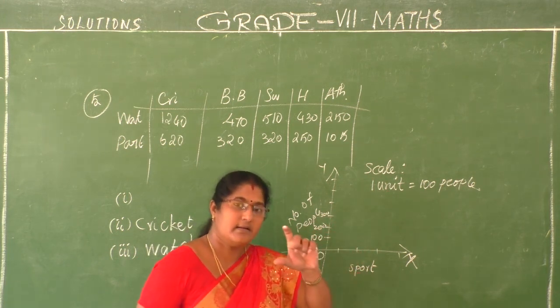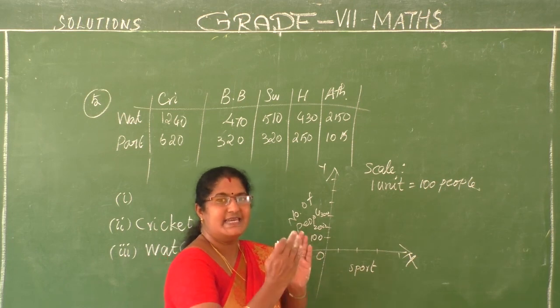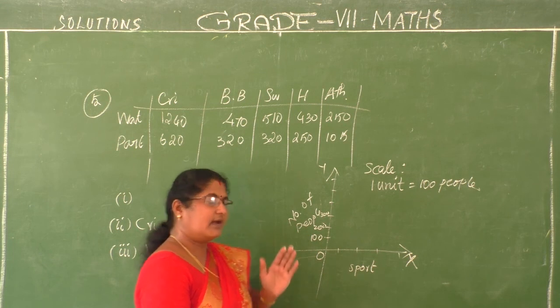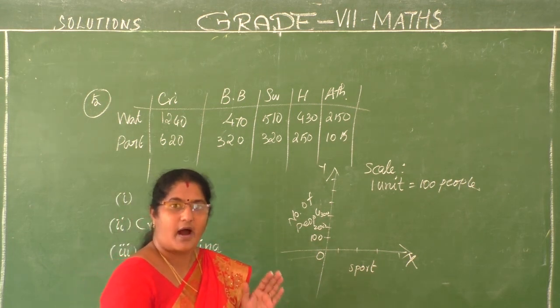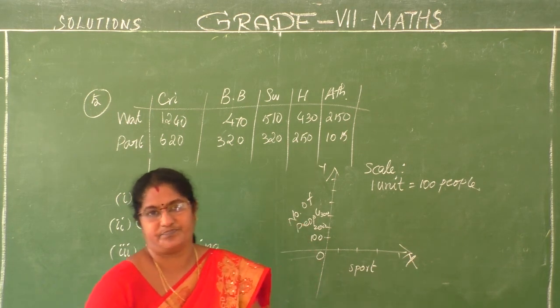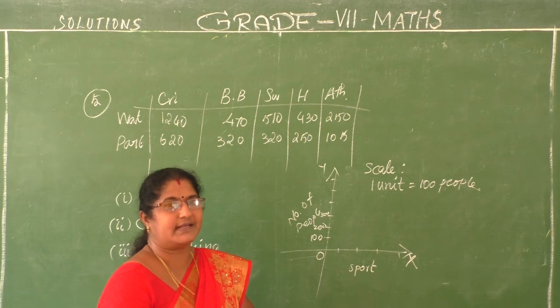While drawing a single bar graph, leave equal space between each bar. Likewise, when you draw the double bar graph, leave equal space between the 2 double bars. Okay, this is very important.